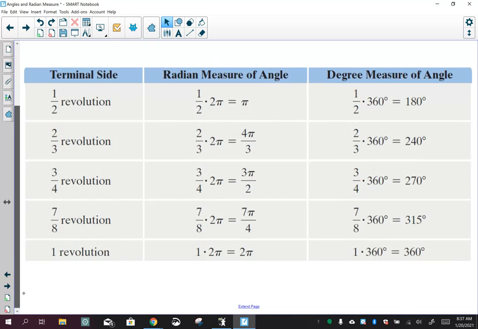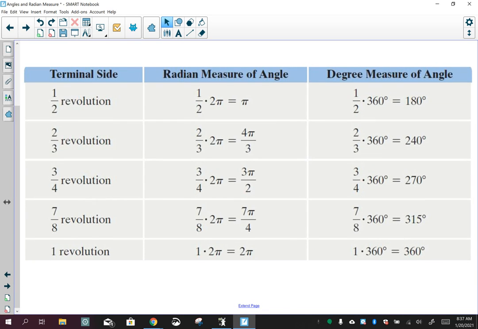And this is just the rest of it going around the full circle. Please make sure you are focusing on this and that you're beginning to memorize the locations and the radian and degree measures so that you're able to go back and forth between these numbers. All right.